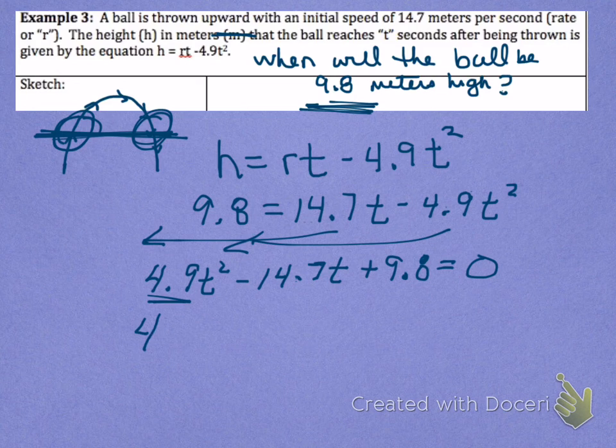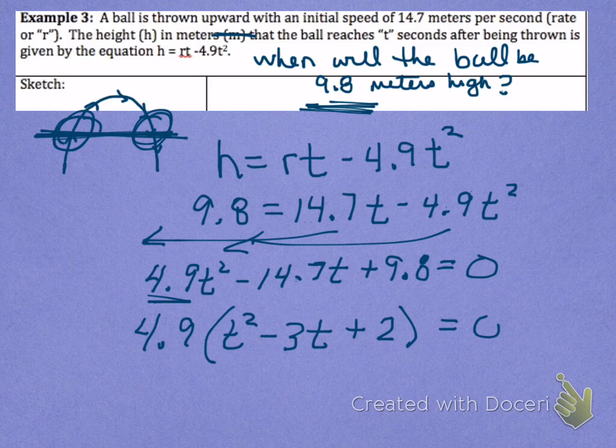So we pull out 4.9, or divide every term by 4.9. We get t squared minus, and if you divide your 14.7t by 4.9, you'll find you get a nice integer answer of 3t plus, and then again, a nice integer answer of 2. So always give it a try to divide by that coefficient of the squared term.